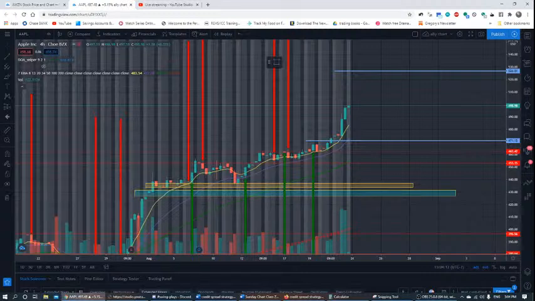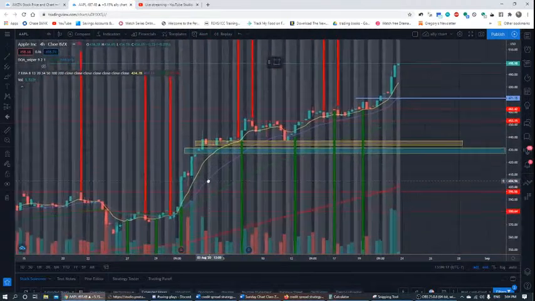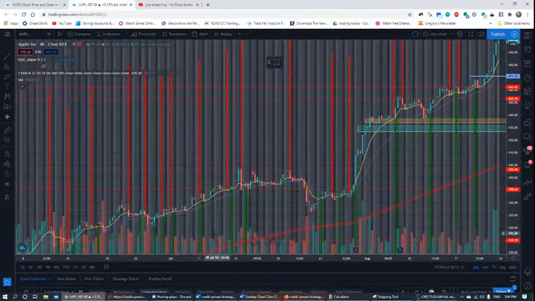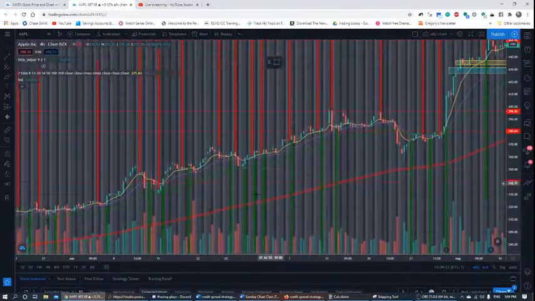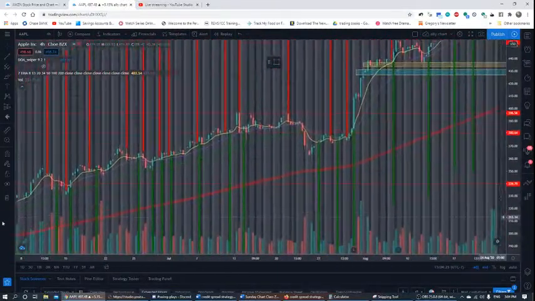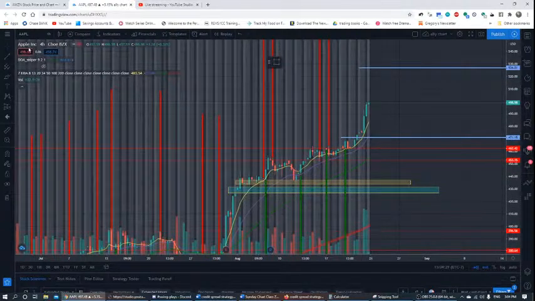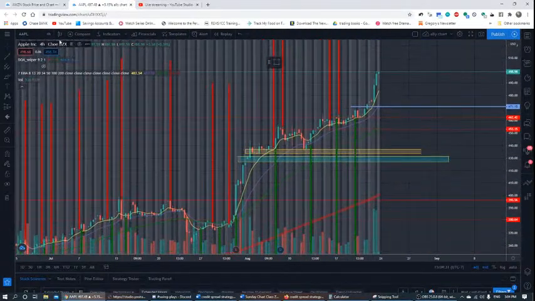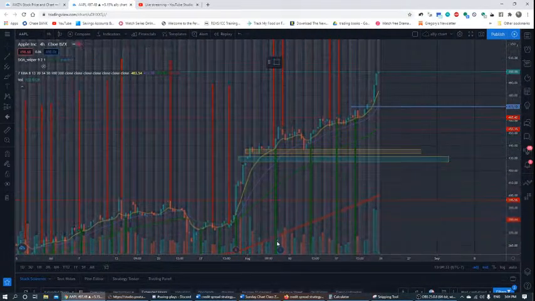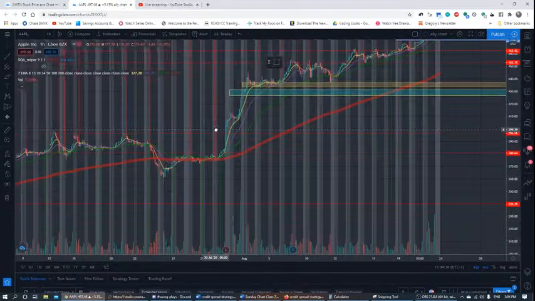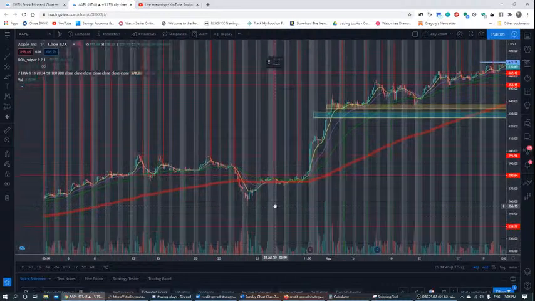The candles that I look for, and that are absolutely my favorite, are hammers. Let's see if I can find one on the 4-hour that's a hammer. If not, I can go on the 1-hour. Actually, this is not Amazon, this is Apple. So I'm trying to find it on the hourly, seeing if we have any hammers.